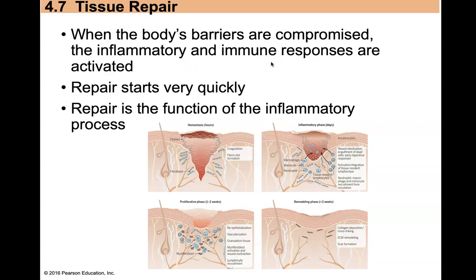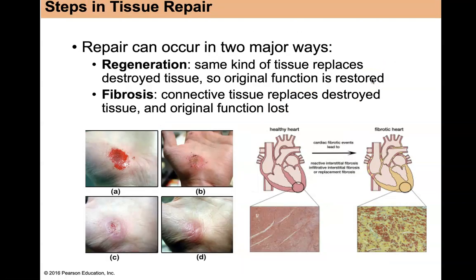Repair is going to start pretty quickly, and repair is kind of the function of the inflammatory processes, believe it or not. If you have an autoimmune disease, then something goes wrong here and there's too much inflammatory process going on. But that's the main function of your inflammatory processes.